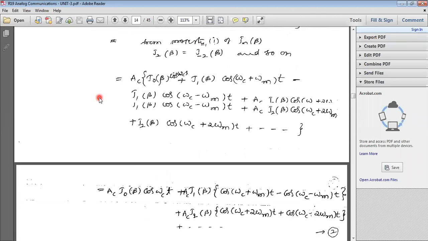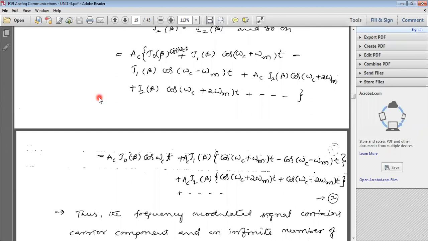Now, if you multiply Ac inside, Ac J0(beta) cos omega c t plus Ac J1(beta).